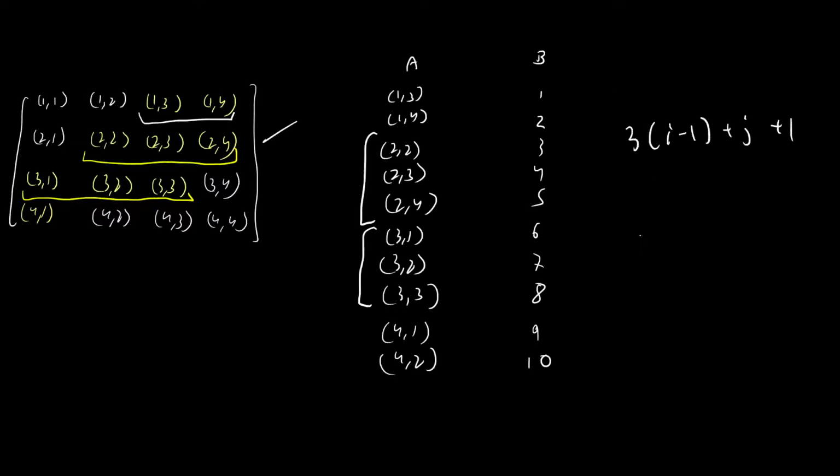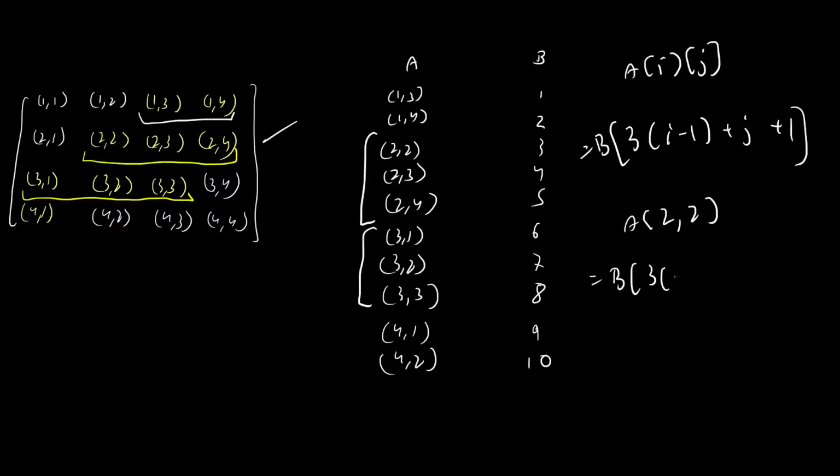So aij equals b, 3 times i minus 1 plus j minus 1. For a22, that will be b, 3 times 2 minus 1.